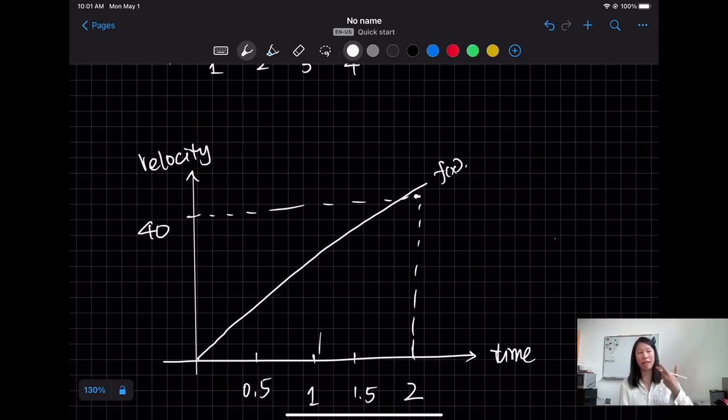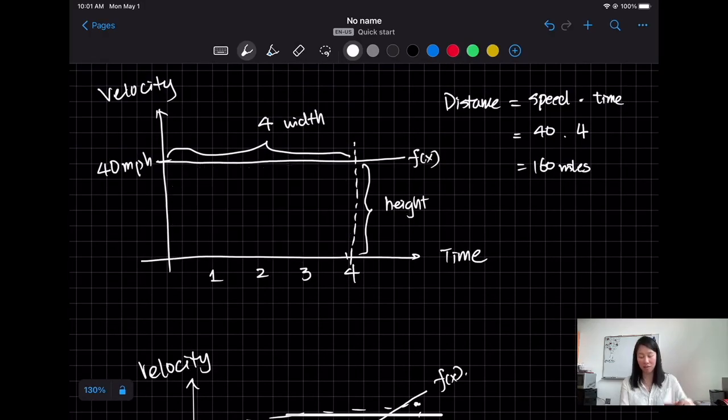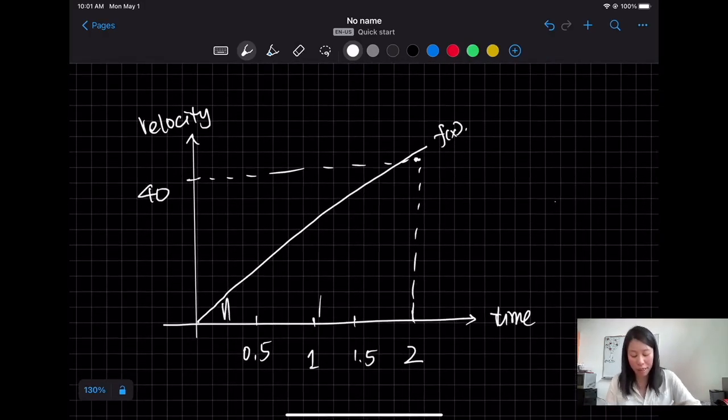However, if you look at the last example again, we know that the area of the rectangle, the bounded region, is the distance. So here would be the same.